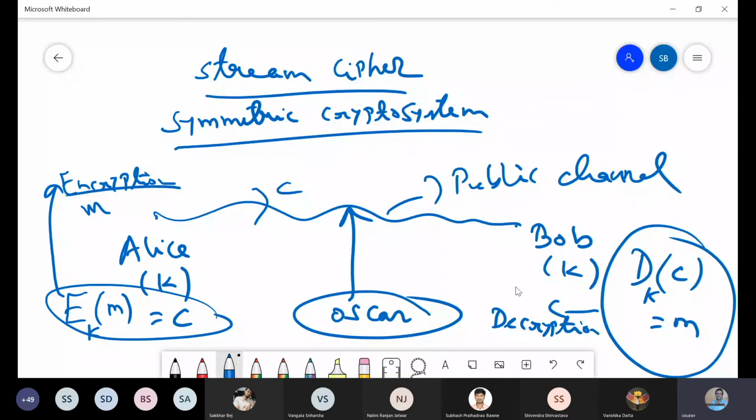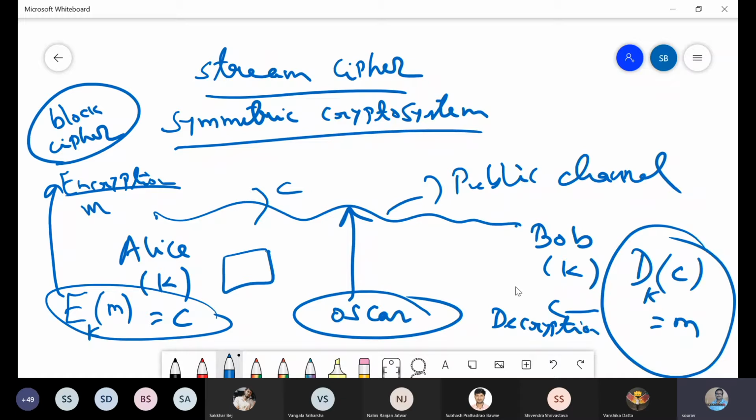There are two ways we can do this encryption and decryption business. One is block cipher, which we have seen so far. There is a black box which takes a certain size of input with the help of a key.